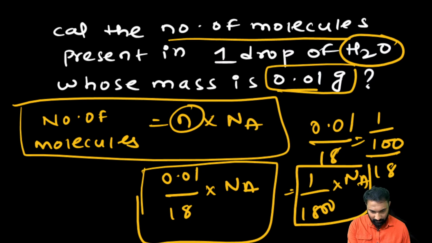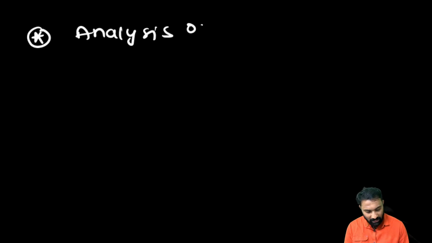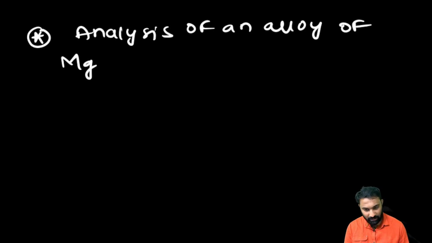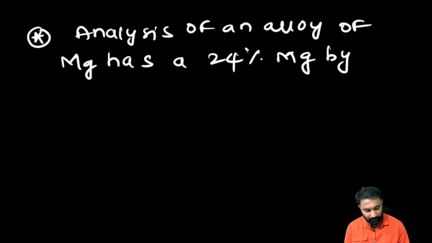Right. Next, I will level up with some questions. Read the question carefully and try to give the answer. Analysis of an alloy of magnesium has 24 percentage magnesium by weight.